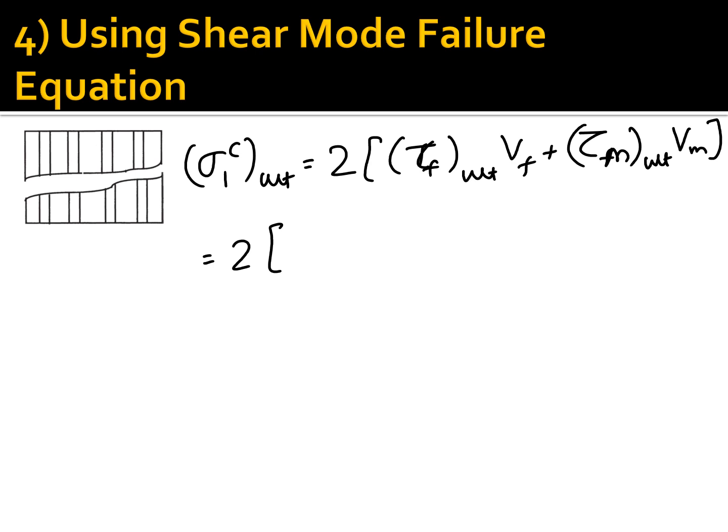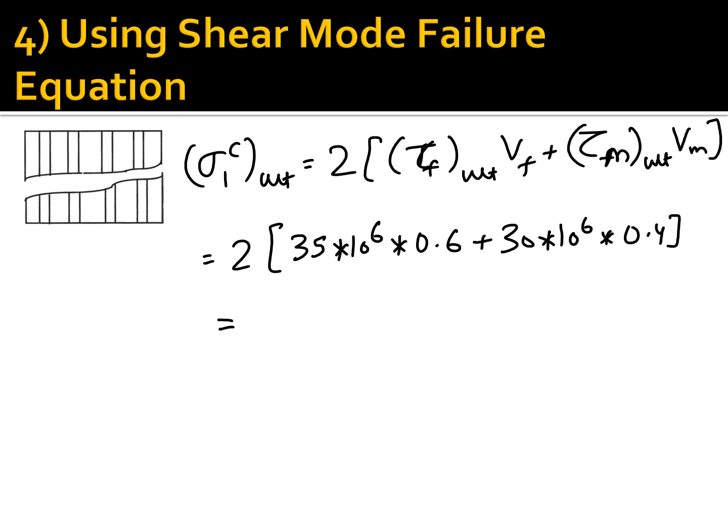The ultimate shear strength of the fiber is given as 35 megapascals. The ultimate shear strength of the matrix is given as 30 megapascals. So putting in the volume fraction of the fiber and the matrix, which is 0.6 and 0.4 respectively, we get this as our answer, and that is 66 megapascals.